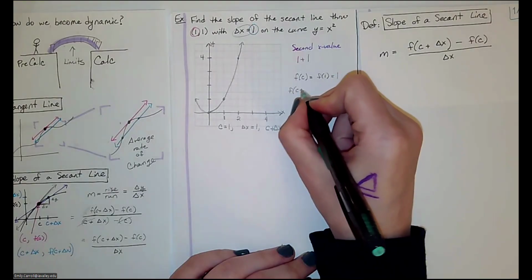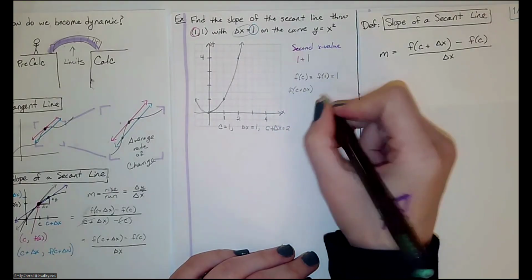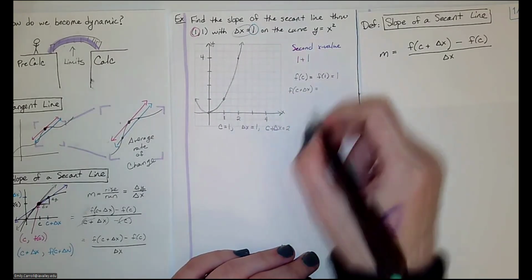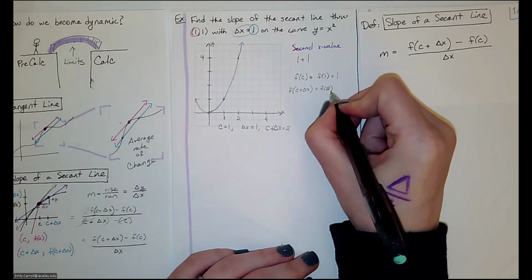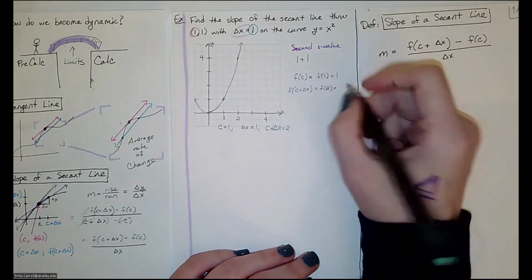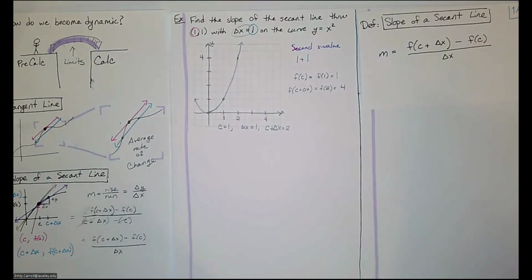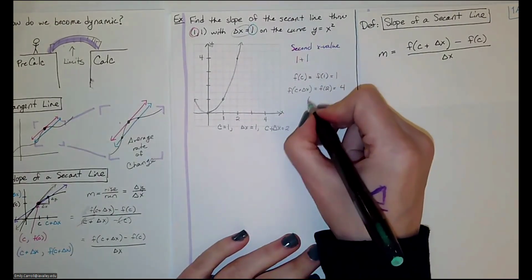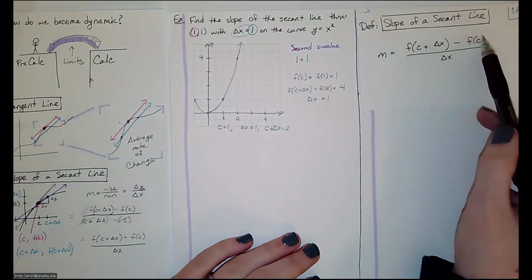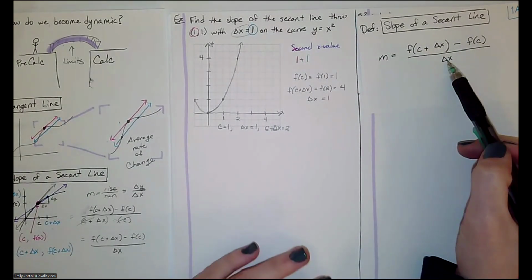F of c plus delta x: we said c plus delta x is equal to 2, so this is f of 2, which is 2 squared, so that's 4. And then, of course, our delta x equals 1. That was given, and now we have the 3 things that we need in order to find the slope.